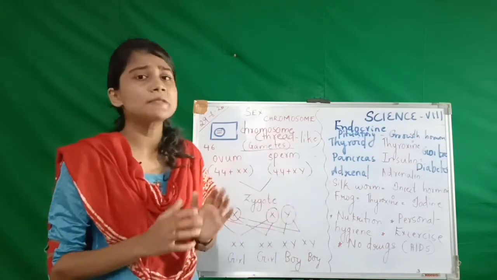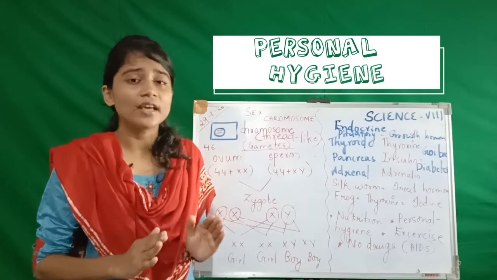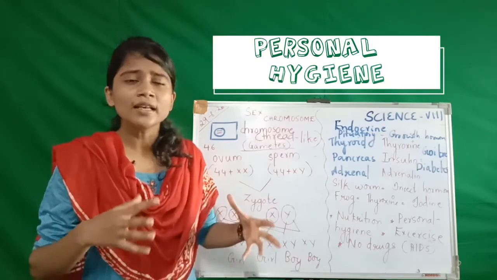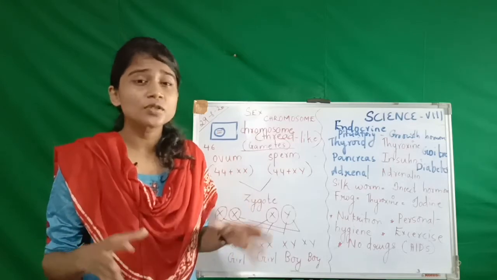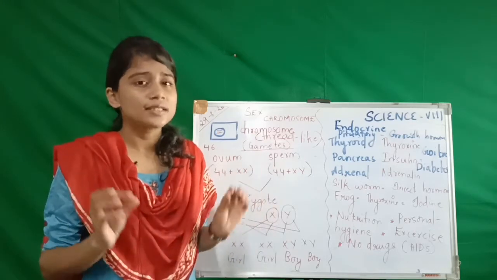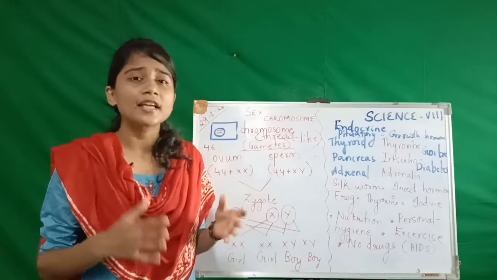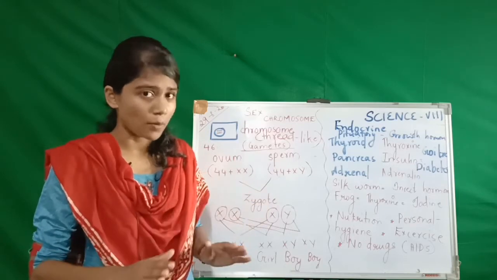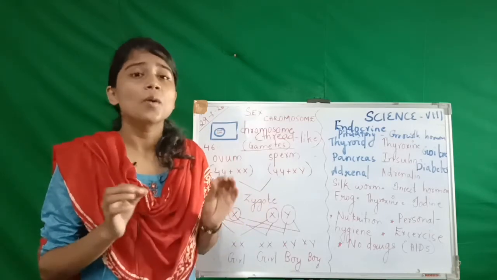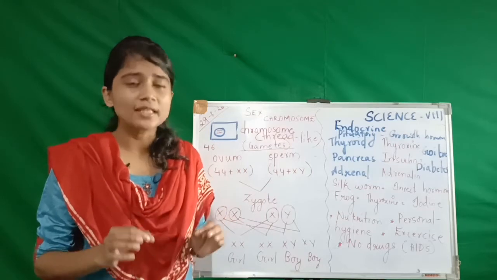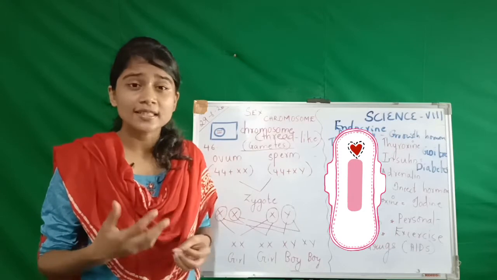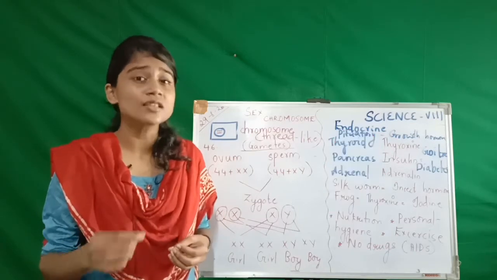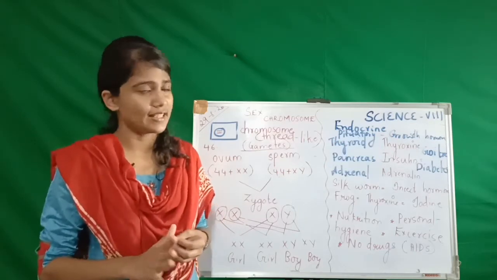Now the second one is personal hygiene. This is very important because during the teenage or growing age, we sweat a lot. So it is very important to take a bath twice a day and wash your private parts properly. Especially for girls, while having menstruation or periods, try to use sanitary napkins and change them every 4 to 5 hours so that you can avoid bacterial infection.